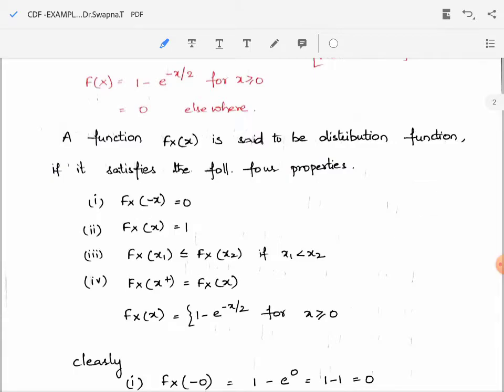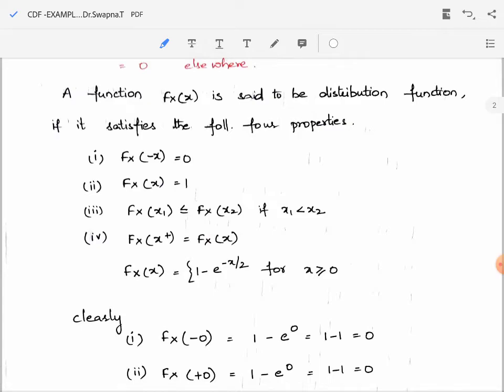Now the CDF, Fx of x is equal to 1 minus e power minus x by 2 for x greater than or equal to 0. So now let's substitute the 0 value. Fx of minus 0 is equal to 1 minus e power 0, which is equal to 1 minus 1 equal to 0.